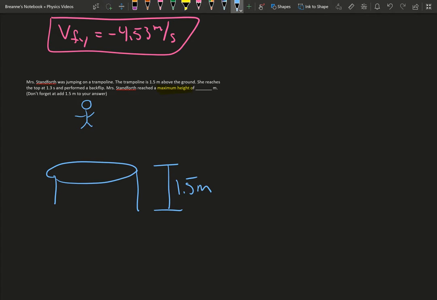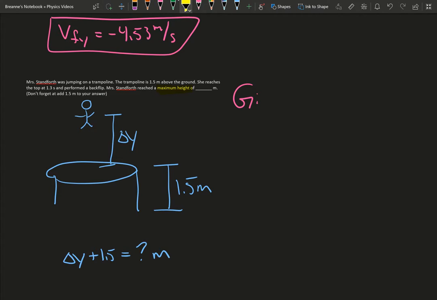So the first thing we need to do is figure out how high she jumps. Once we figure that out, then we can add our 1.5 to get our answer. But we have to figure out our delta y first. So let's write out our givens.